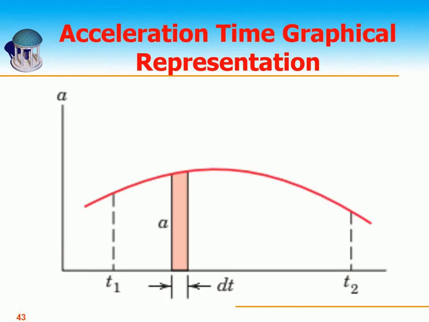Next, this is the acceleration time graph, and this graph will show you how the body is accelerating. You see here the acceleration is increasing up to this point, or maybe up to this point, and then it is decreasing.